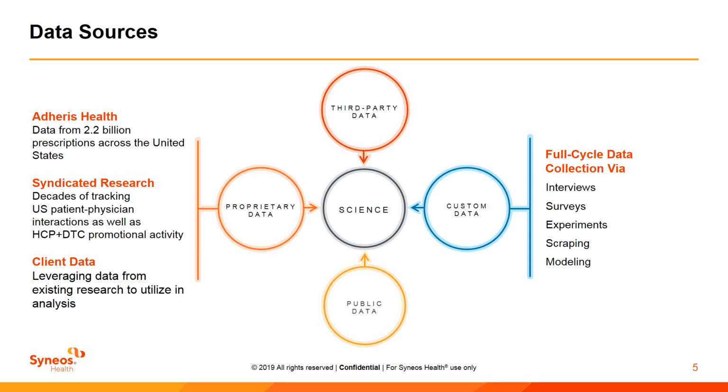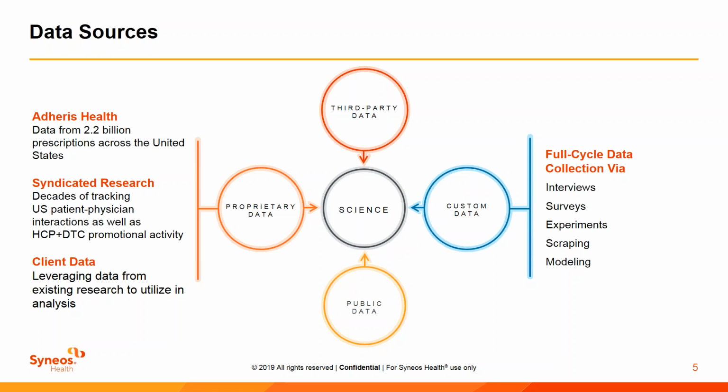And when we don't have data available, sometimes in remote parts of the world where patient data isn't available, we do have a full research team here at Syneos Health that looks at custom data through interviews, surveys, experiments, scraping, and modeling.